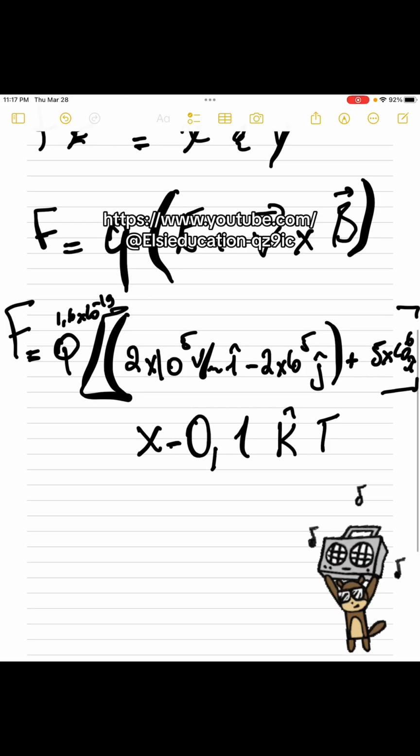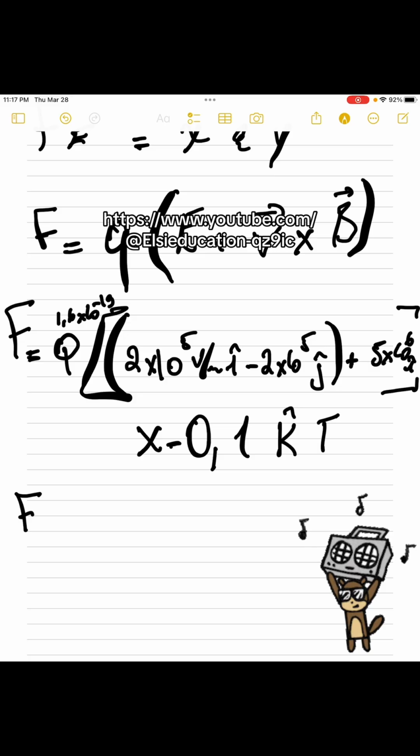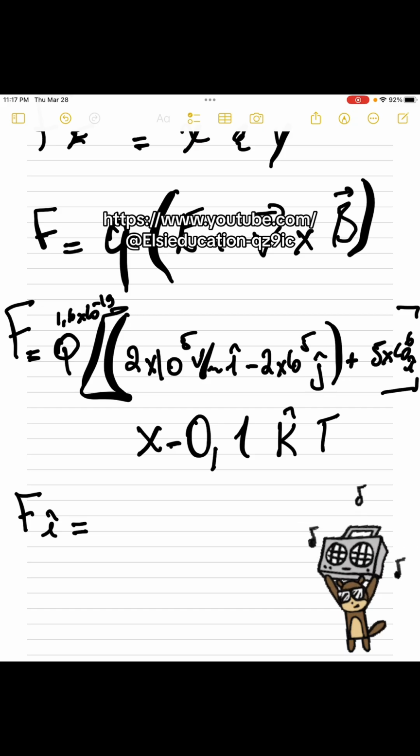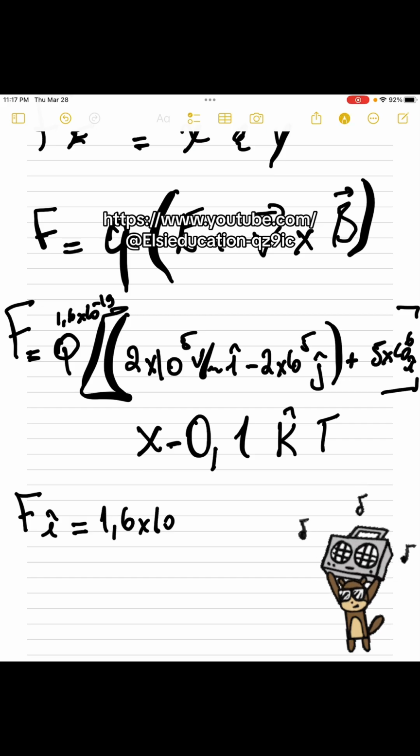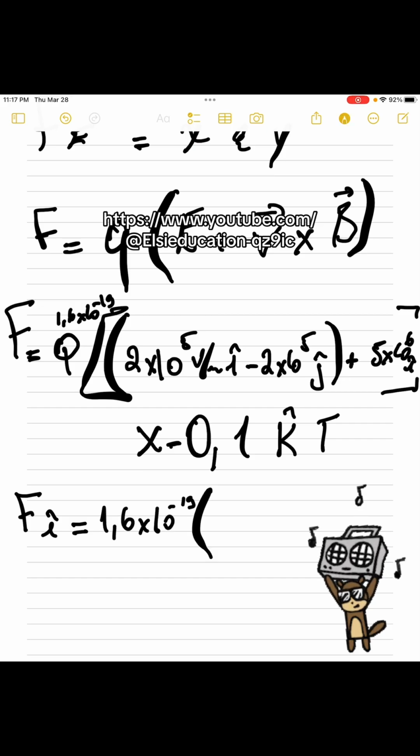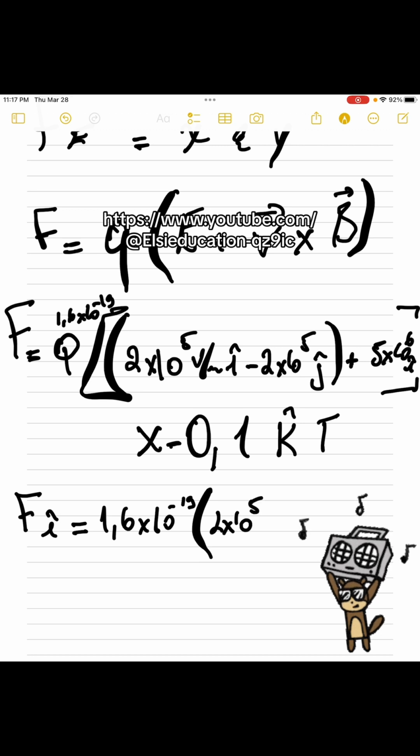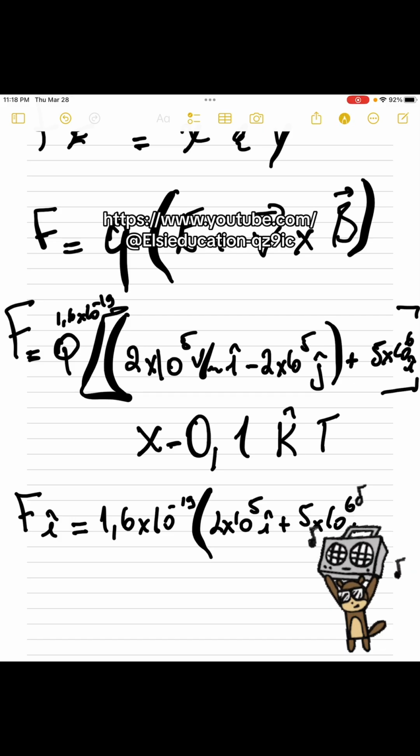So first we need to know what's the force of the electron on the X direction. We're just gonna multiply by the first, and that's 1.6 times 10 minus 19 multiplied by 2 times 10^5 on the E direction, plus 5 times 10^6 on the E direction, multiplied by minus 0.1 on the K direction.